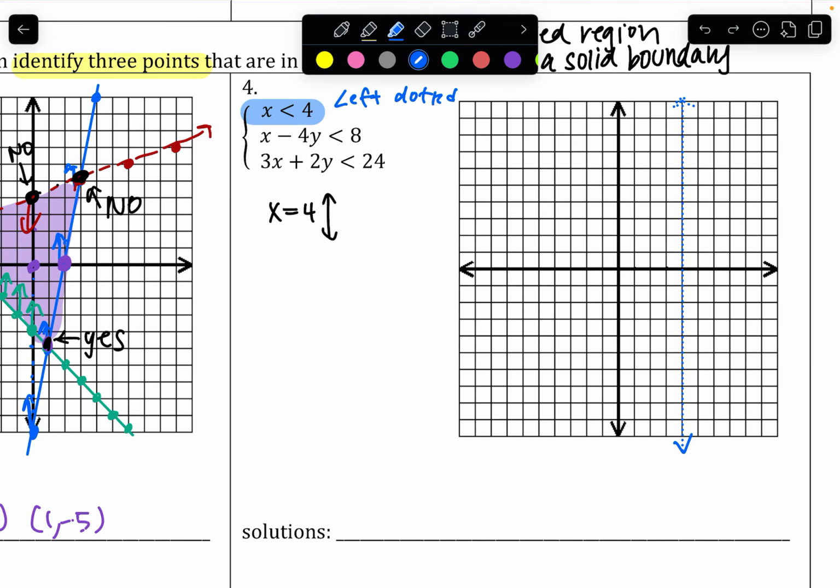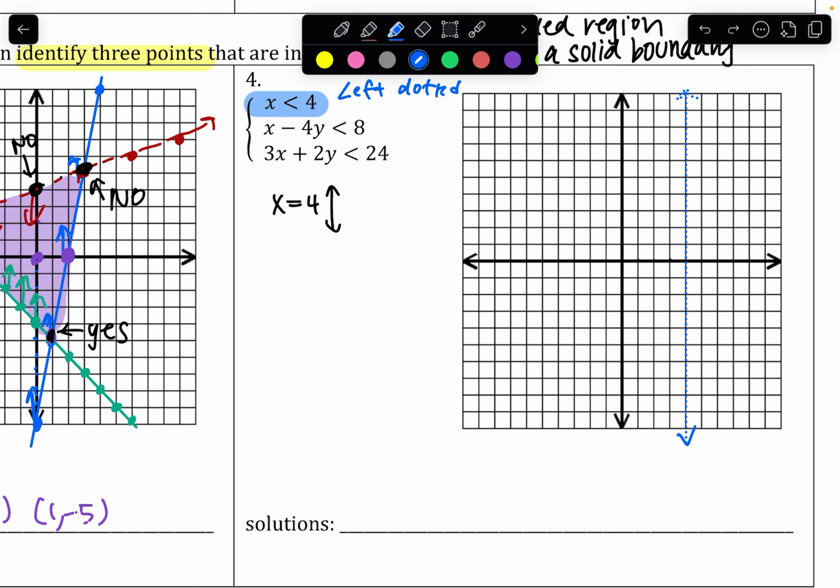Okay, our next inequality is in standard form. And so our first step is to move the x. So now I have -4y less than -x plus 8. Put the x first.